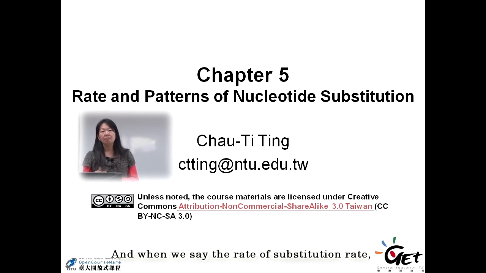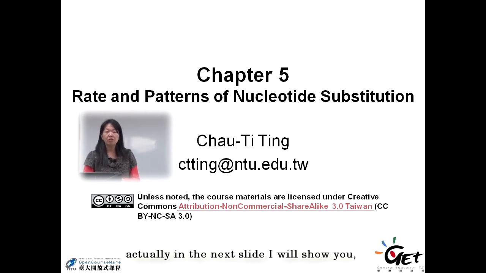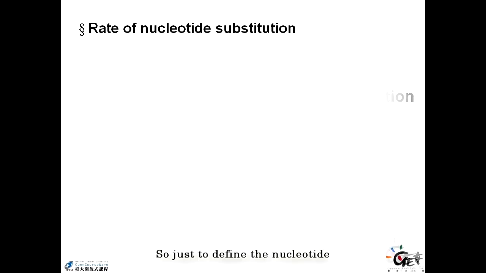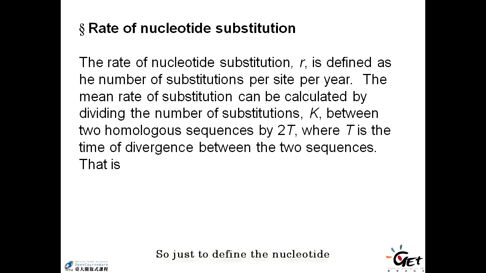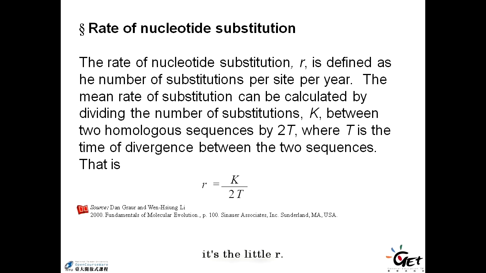And when we say the rate of substitution, as the next slide will show you, it considers time. So to define the rate of nucleotide substitution, we add one more parameter here, the little r.